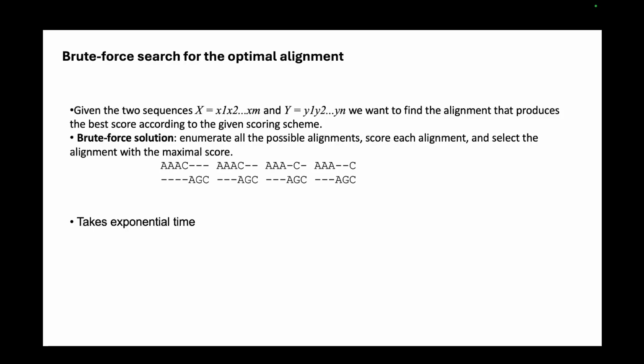And the other thing is, this might work when you are comparing sequences of, say, 15 base pairs, 20 base pairs, even 50 base pairs. But when you are comparing sequences of 3 billion base pairs with a read of 150 base pairs, it is not a good thing to do, because it will take a lot of time, and also you need a lot of space, because you need to store these alignments, then put scoring on these alignments and calculate the scores.